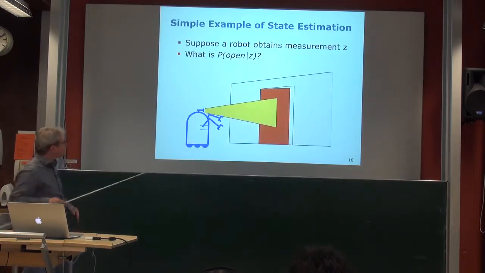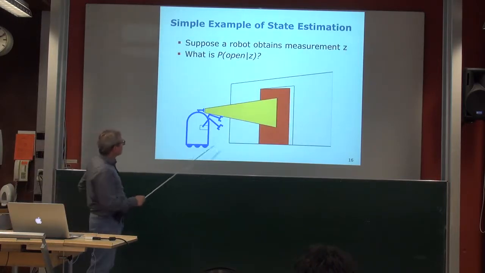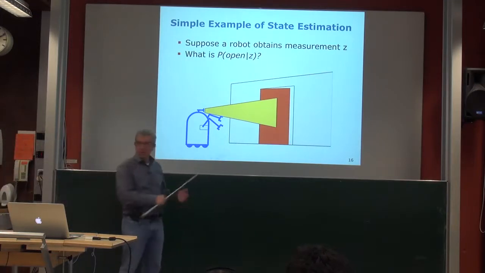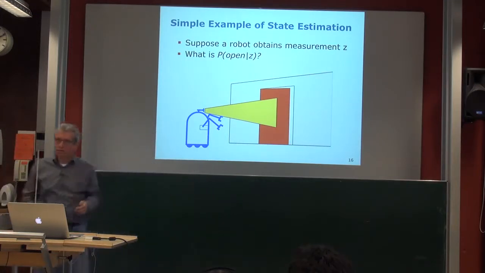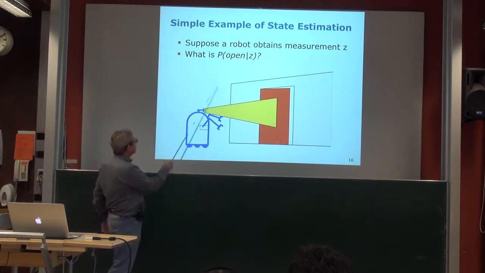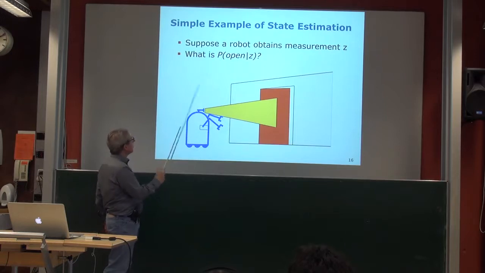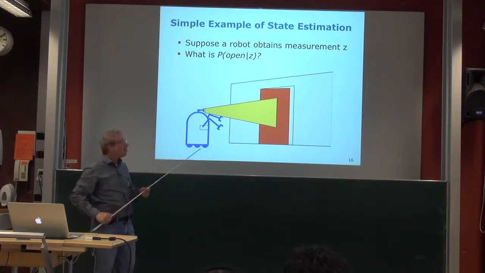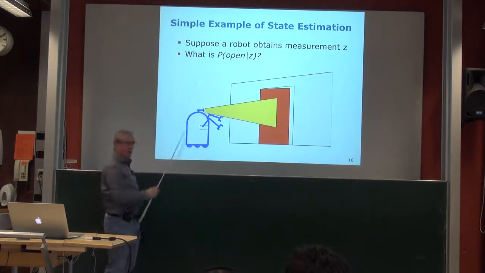What we're going to discuss today is a very simplistic situation. We have a robot standing in front of a door or doorway, and what the robot needs to reason about is whether the door is open or closed. Let's assume the robot has some type of sensor that allows it to infer, for one single measurement, the probability that the door is open.